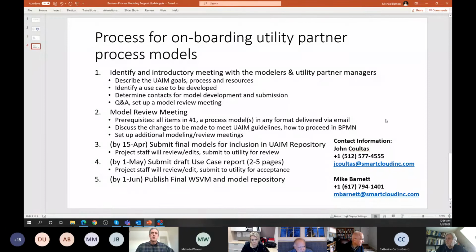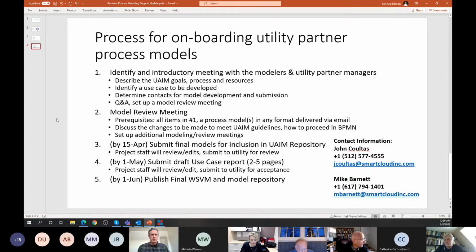Again, our contact information, you're going to be hearing a lot from John. He'll be sending out a lot of emails and communicating with people to make sure that we've got your contributions and making sure that it gets into the repository. And we'll follow these 5 steps, which in many cases we've already done an introductory or initial meeting.